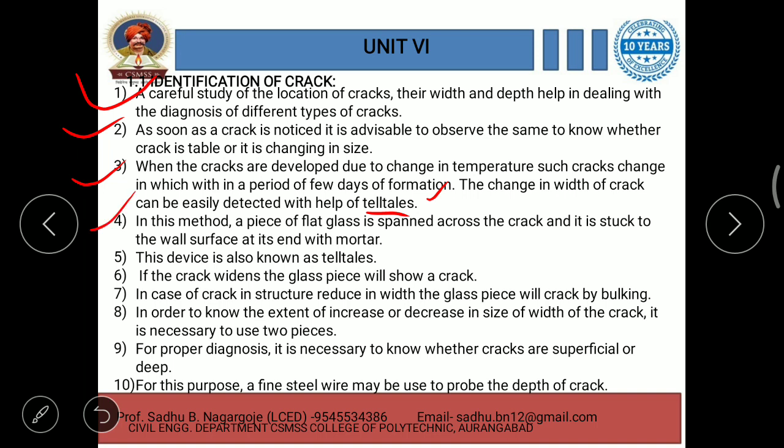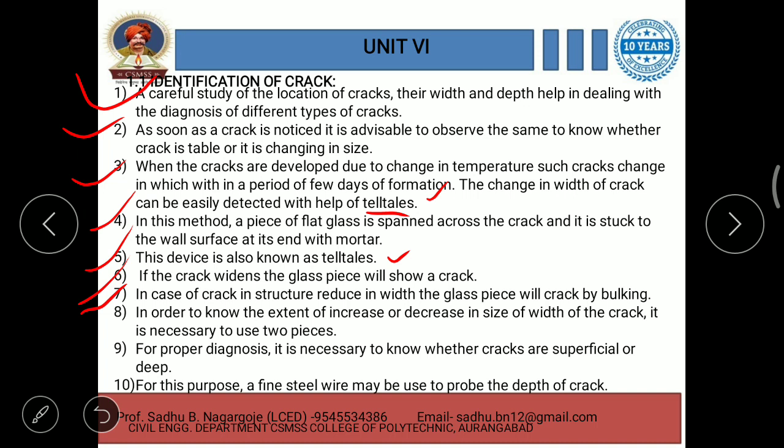In this method, a piece of flat glass is spanned across the crack and stuck to the wall surface at its ends with mortar. This device is also known as a telltale, and if the crack widens, the glass piece will crack. Obviously, when the crack gets wider, that glass piece will crack.